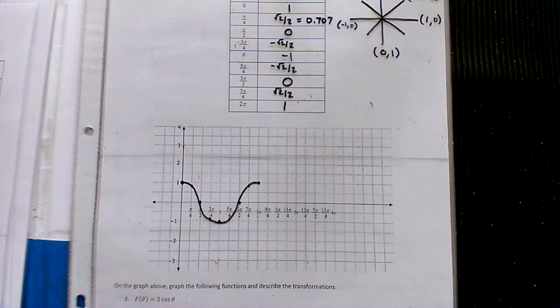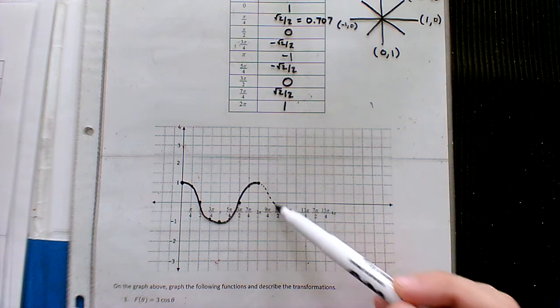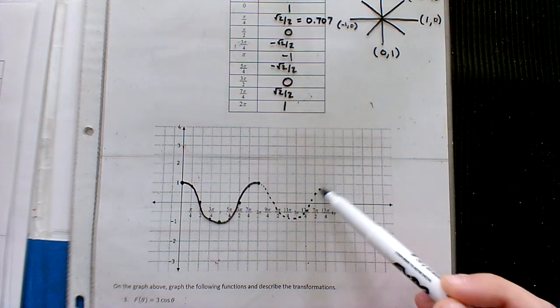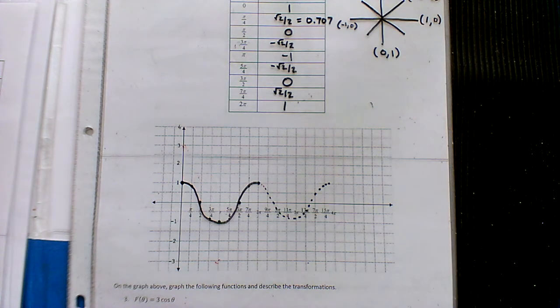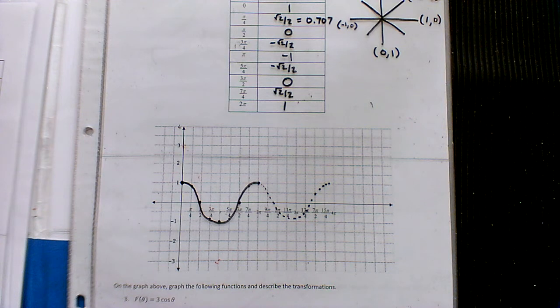All right, so there's one cycle of our cosine graph. Notice how if you were to continue the same pattern, it would probably be a wave, okay, just like sine was. But it's not the same exact wave because we're starting in a different spot. Notice how the cycle or the chunk of graph that repeats itself was different than the one we saw for sine yesterday.